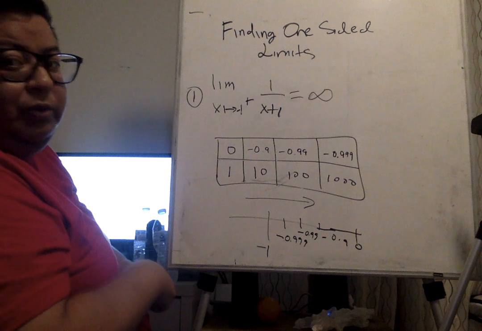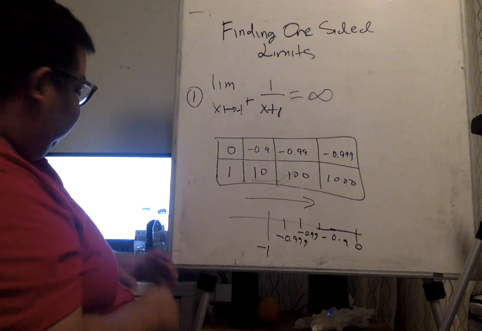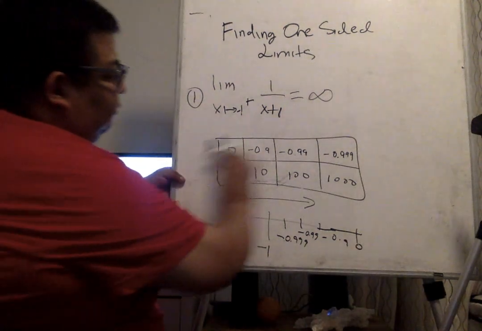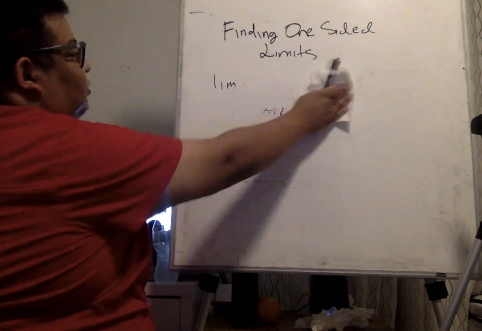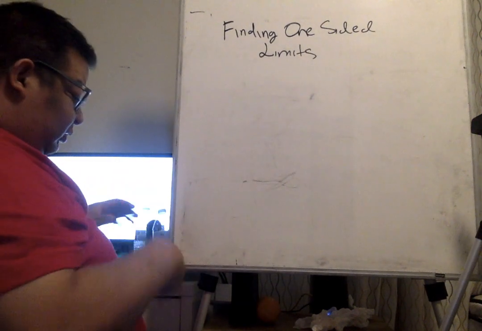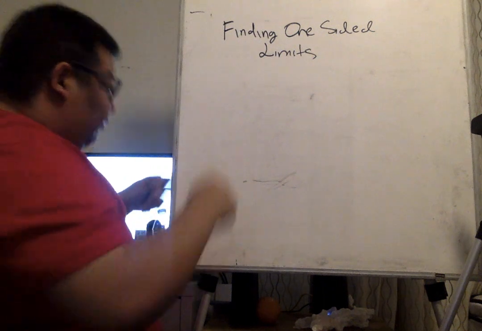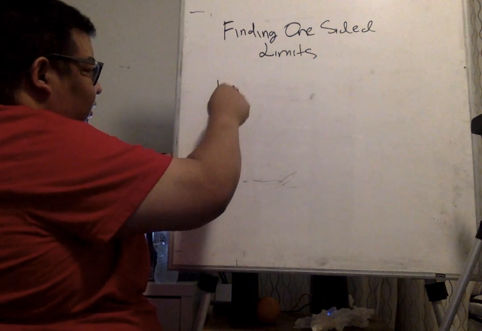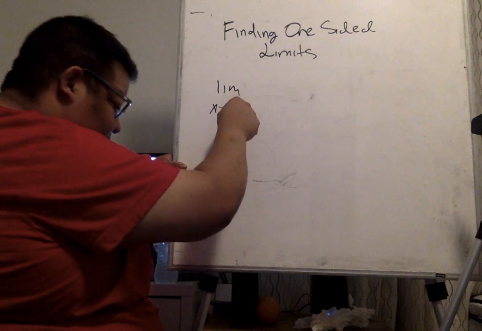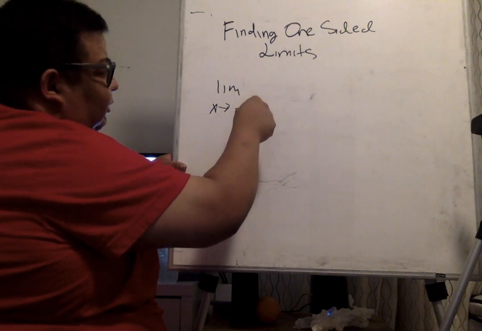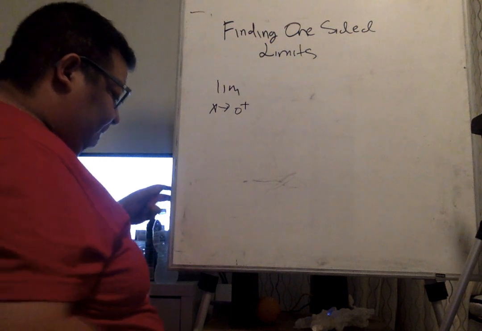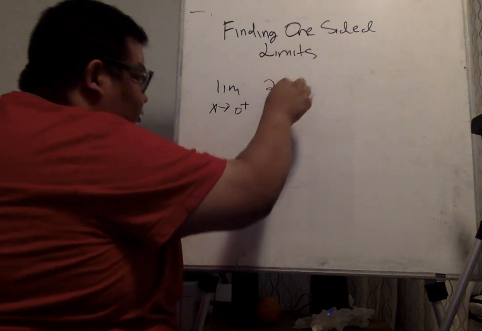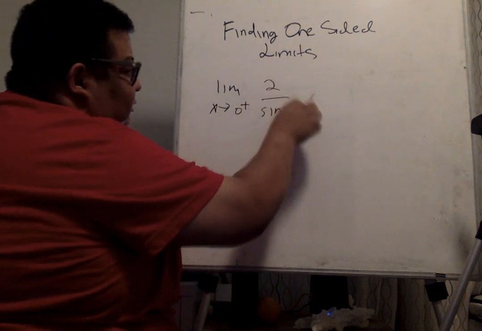Let's look at 2 more problems just to get a hang of it. We're always going to create a table. So first, let's write the problem. Limit as x approaches 0 from the right side of 2 over sine x.